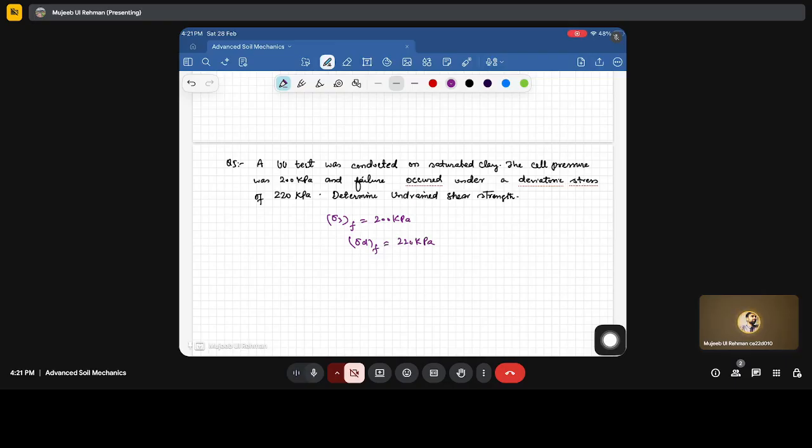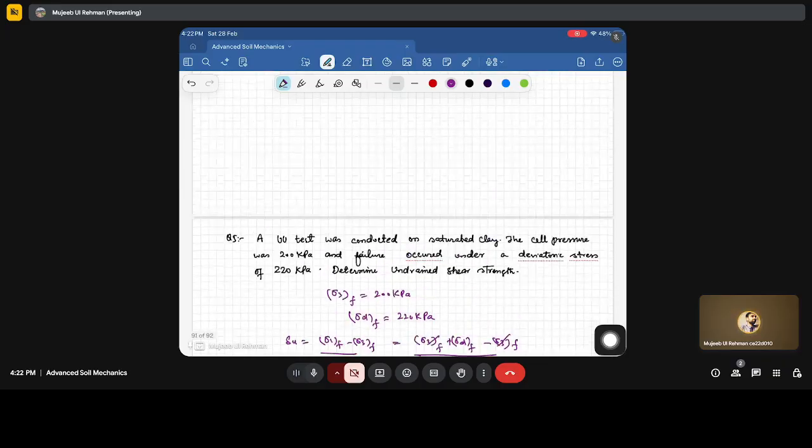Now we know that SU is equivalent to sigma 1 at failure minus sigma 3 at failure divided by 2. Sigma d is 220, divided by 2 is equivalent to 110 kPa. So the undrained shear strength will be equivalent to 110 kPa.